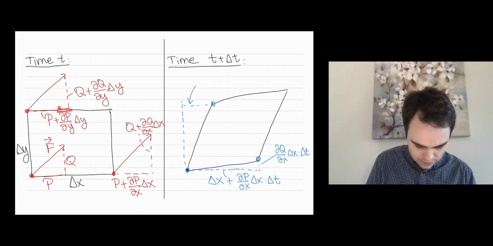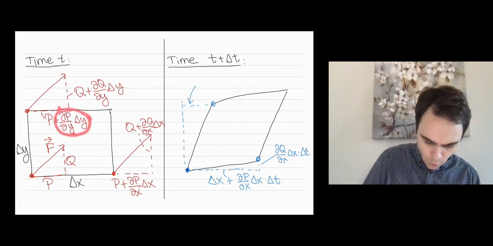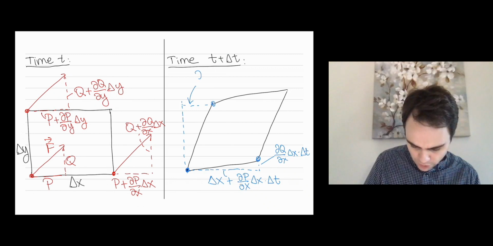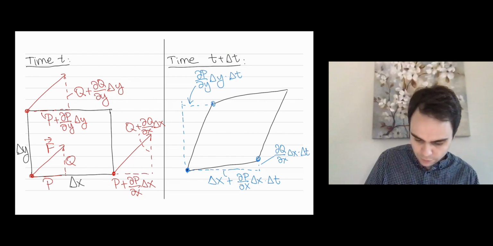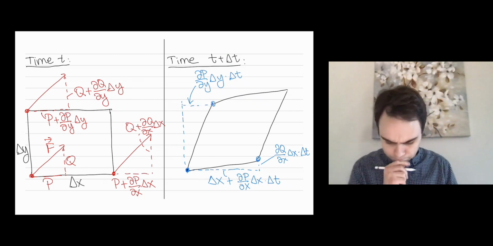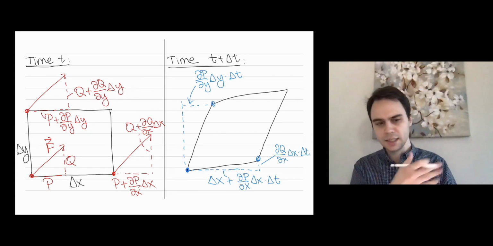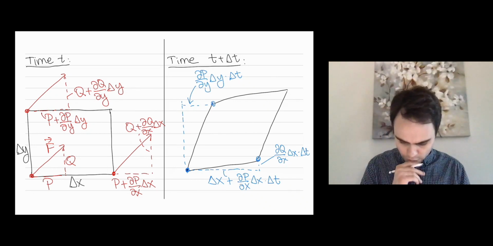And the difference is dp/dy delta y. So the difference in the velocities is dp/dy delta y, and the time that has passed is delta t, so the difference in their positions now is this. Here, delta t, delta x, delta y, I should stress, are small numbers.